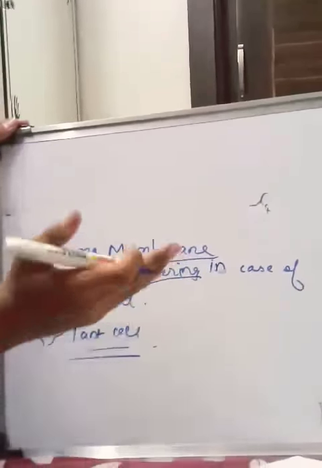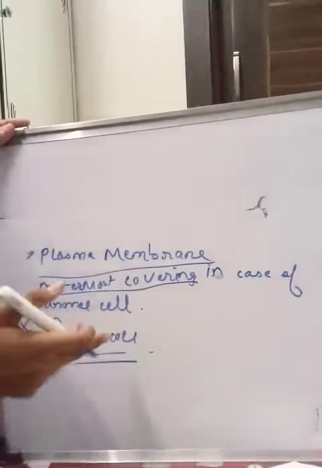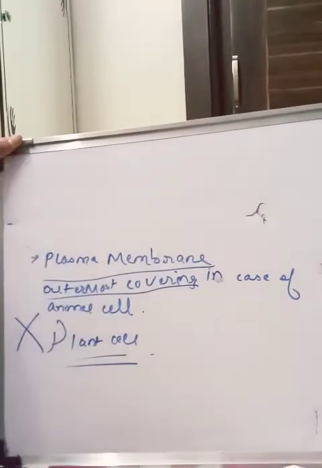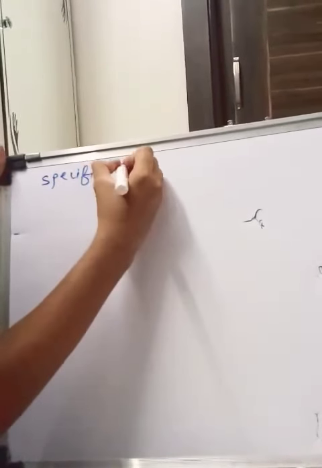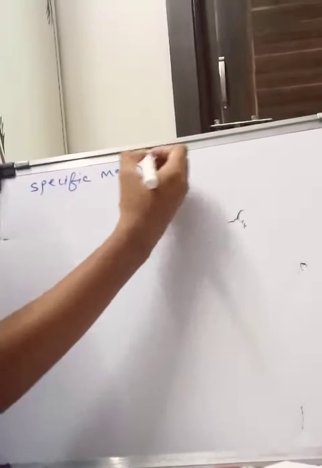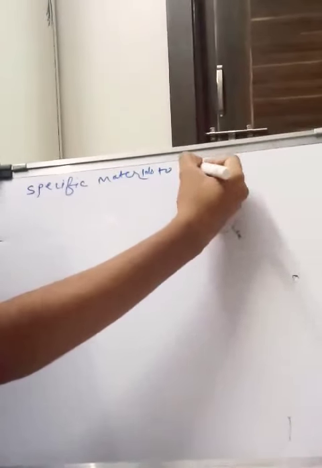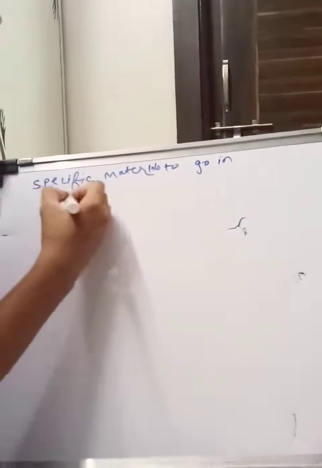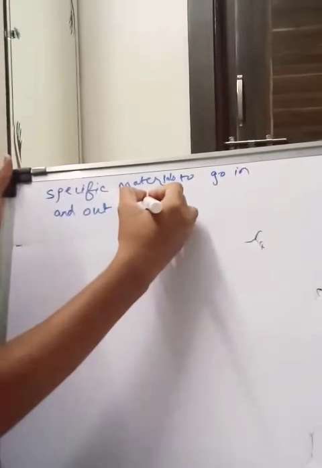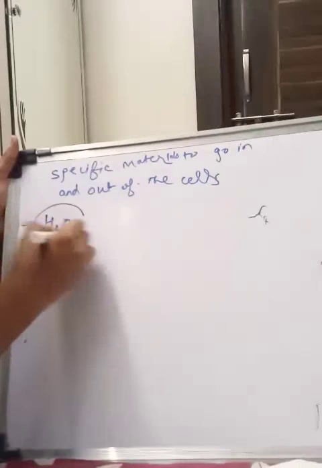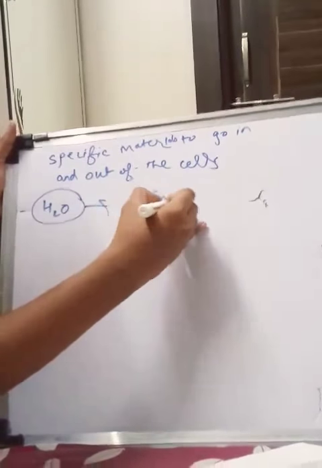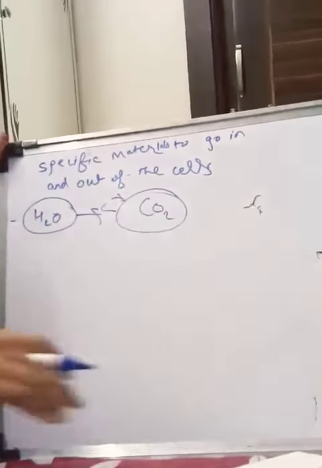So it is the second covering in the plant cell, but the outermost covering in the animal cell. It allows only specific materials to go in and out of the cell, like H2O molecules inside and CO2 molecules outside.